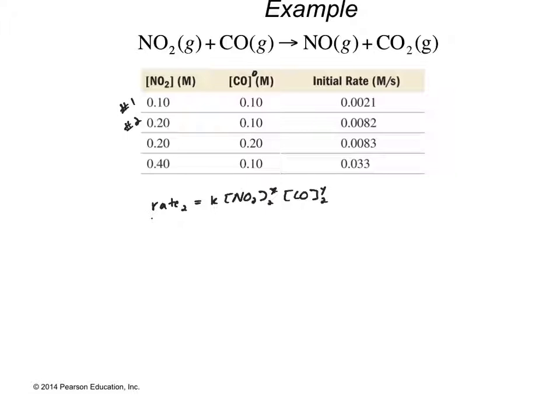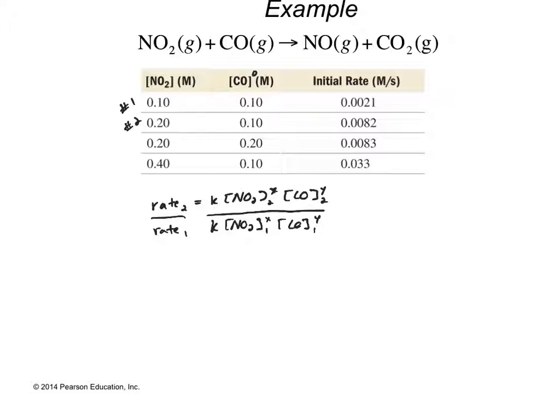So the rate of experiment 1 is equal to the same K, now dealing with the concentration of NO2 in experiment 1 and the concentration of CO in experiment 1. That's what I mean by these little 1 subscripts.